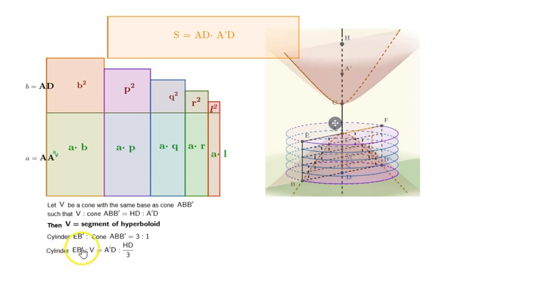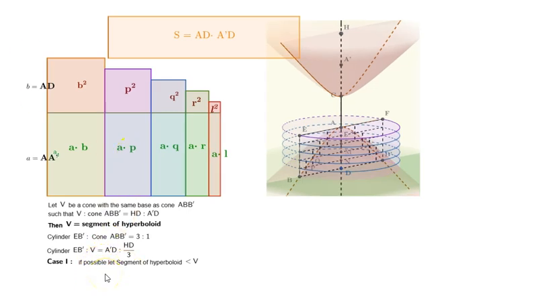So that means cylinder EB prime is to V as A prime D is to HD by 3. Now let's assume that V is not equal to the segment of the hyperboloid. That means it has to be either less or greater. So case 1 will be, if possible, let the segment of the hyperboloid be less than V.